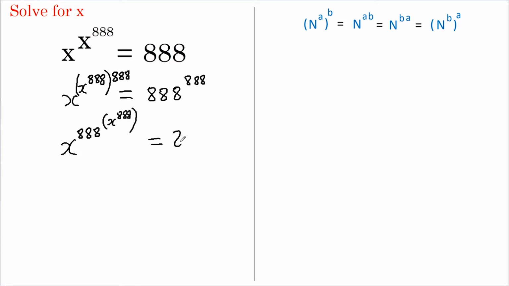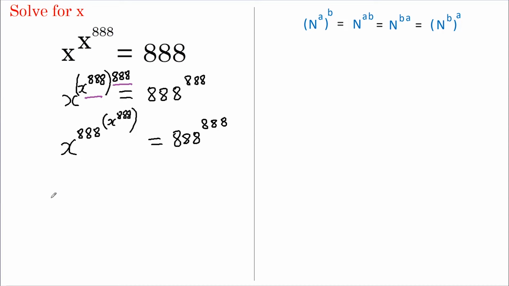And that all equals 888 to the power of 888. So if we think of this term as being a and this term as being b, all we've done is switch these around. So the 888 goes down here, the x of the 888 goes up here.